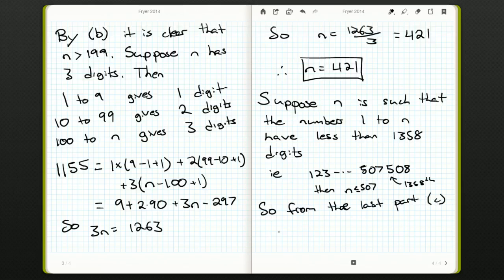So from part C, we know that 1358 is going to be greater than 1 times 9 minus 1 plus 1, plus 2 times 99 minus 10 plus 1. Notice here that no matter what we're doing, n is going to be at most a 3-digit number.